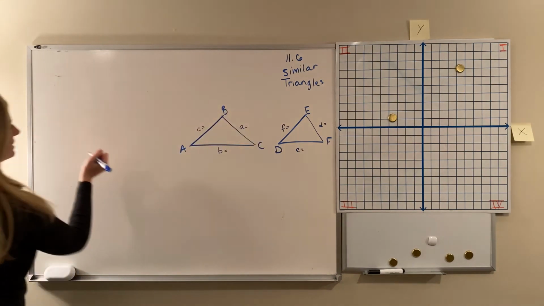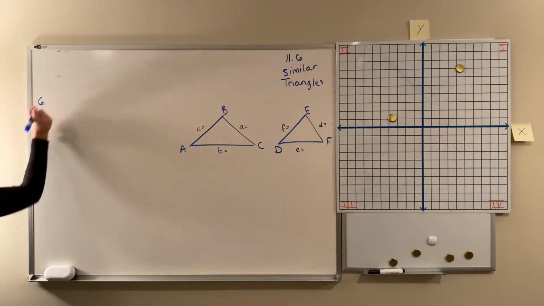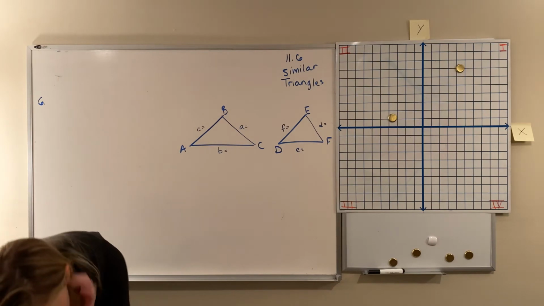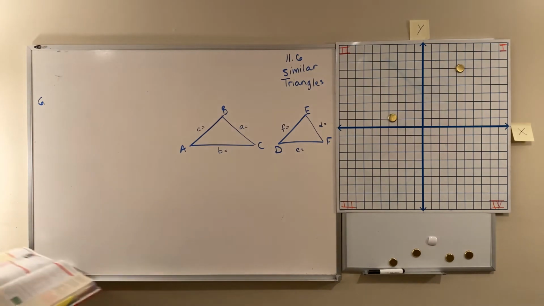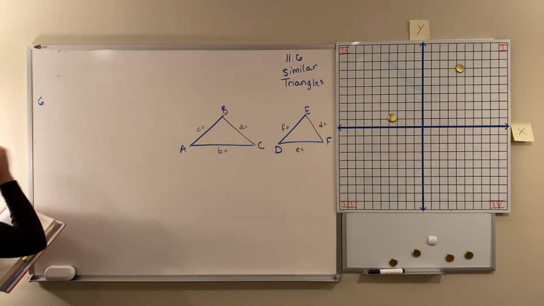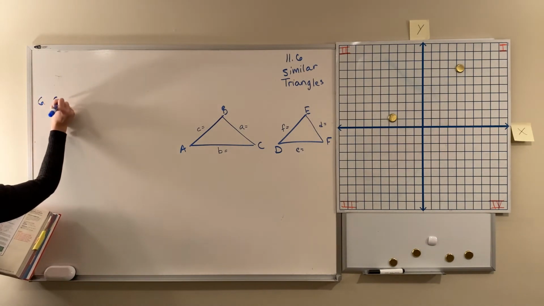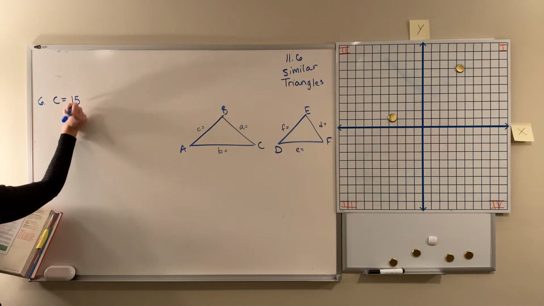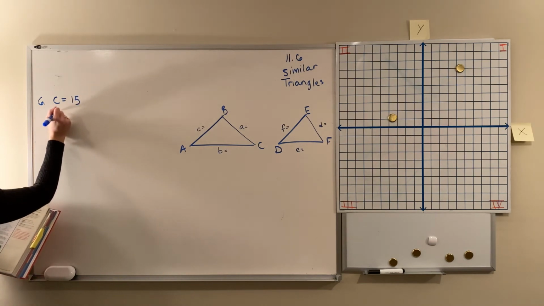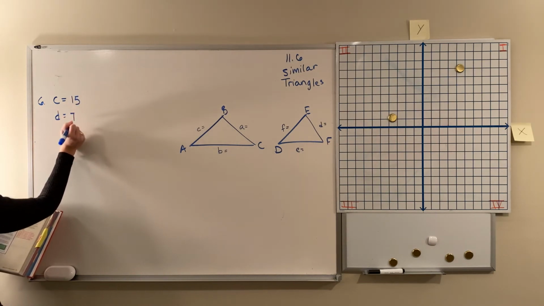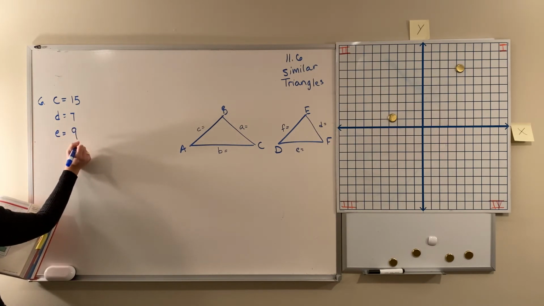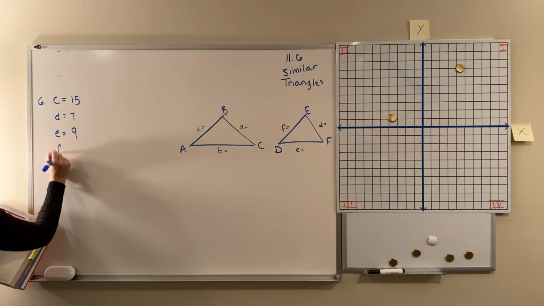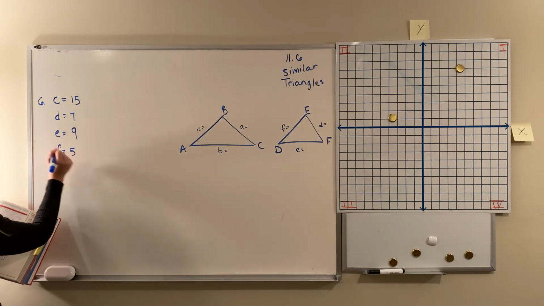Alright, so number 6 tells you c is equal to 15. I didn't do this one in my notes in case you can't tell. c is equal to 15, d is equal to 7, e is equal to 9, f is equal to 5.